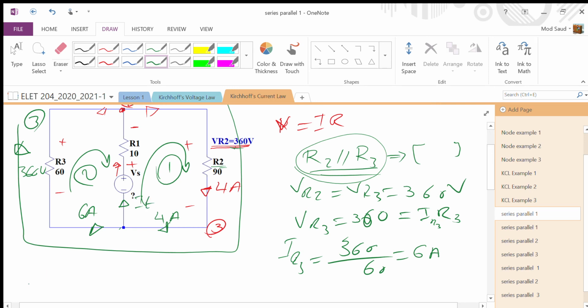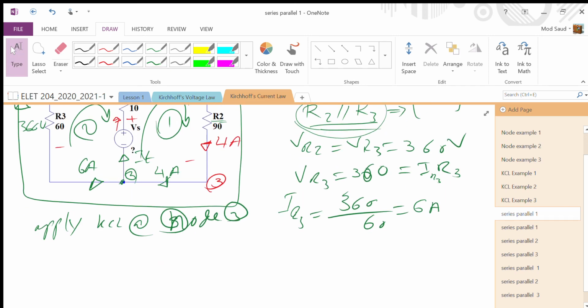So I total, applying KCL at this node, which is node number 3, at node 3, I total equals 4 amp plus 6 amp, which is equal to 10 amp.